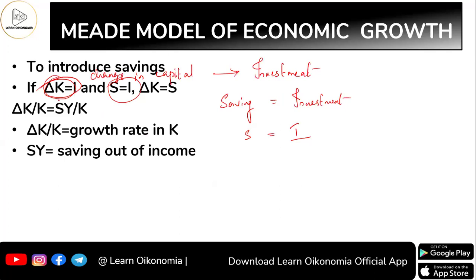Now from this we can equate like this: delta K is equal to I is equal to S, so that you can find that delta K is equal to S, right?